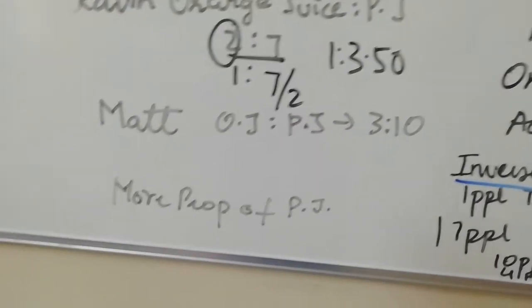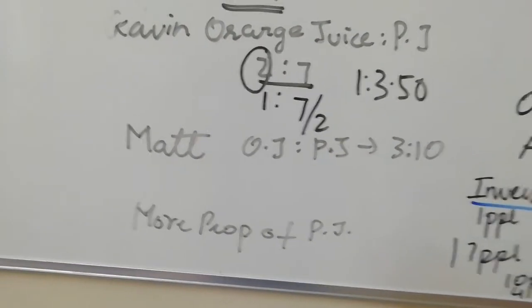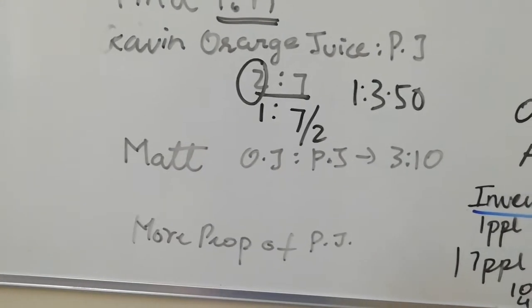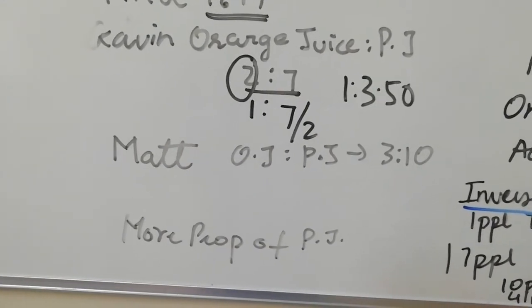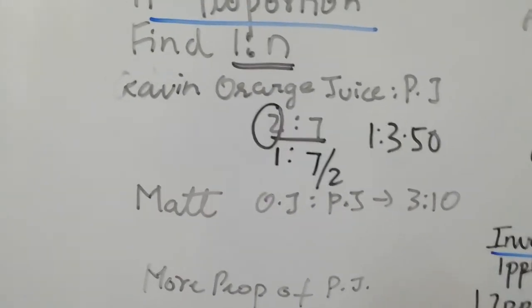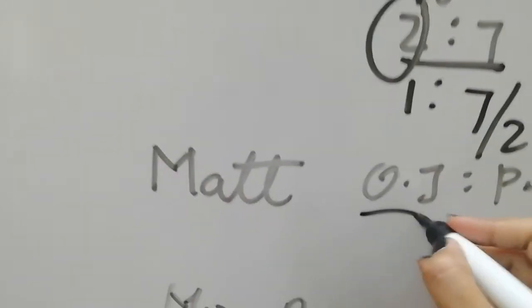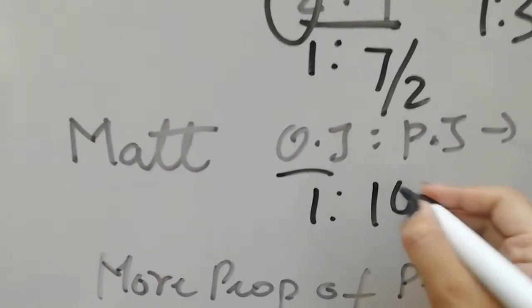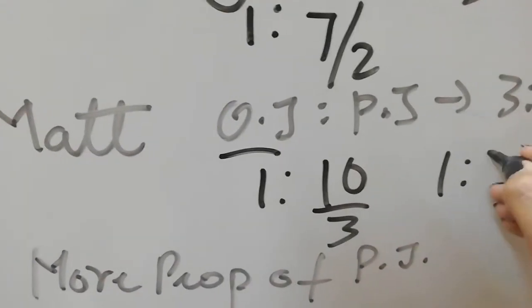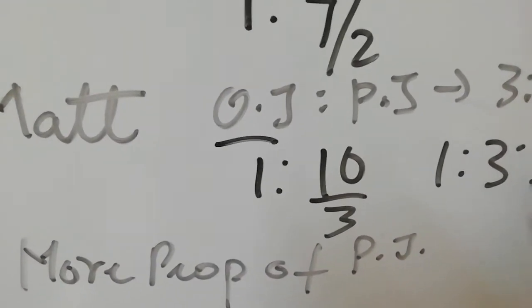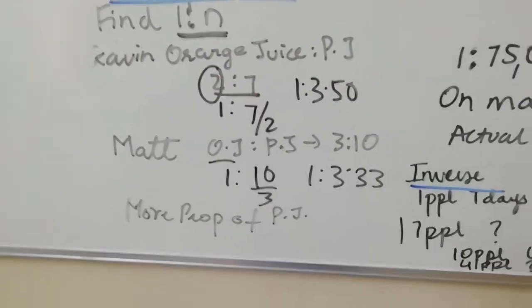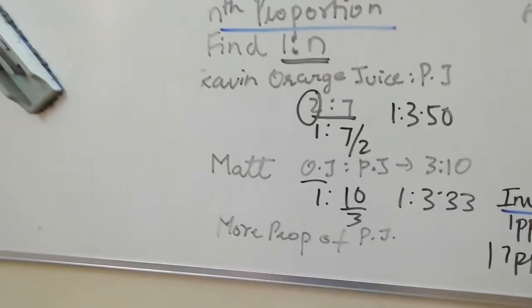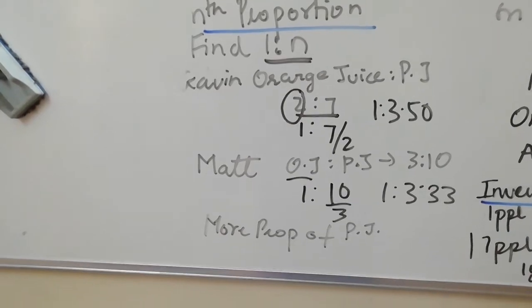Okay. Similarly, Matt makes the juice in the combination of orange juice is to pineapple juice 3:10. Find 1:n. So again the same, orange will be 1, and pineapple juice will be 10 divided by 3. So when you reduce, it will be 3.33.